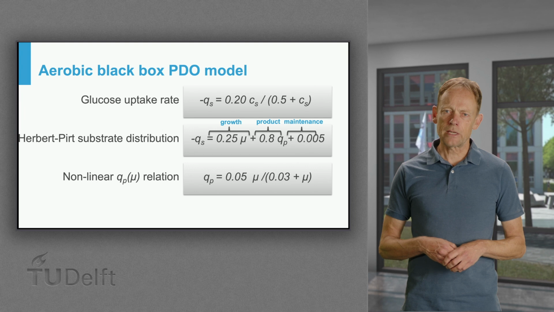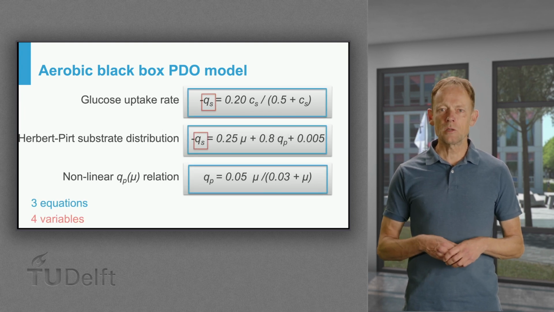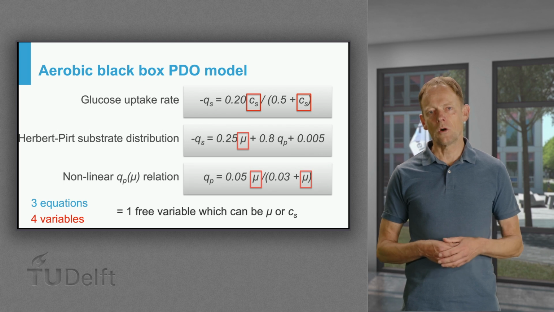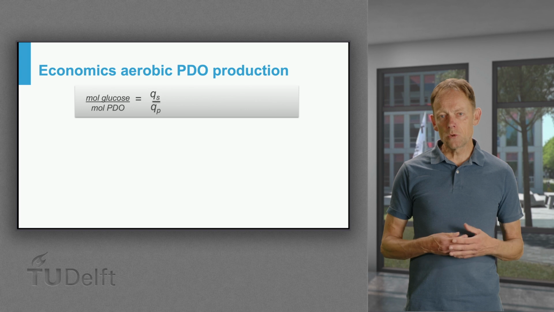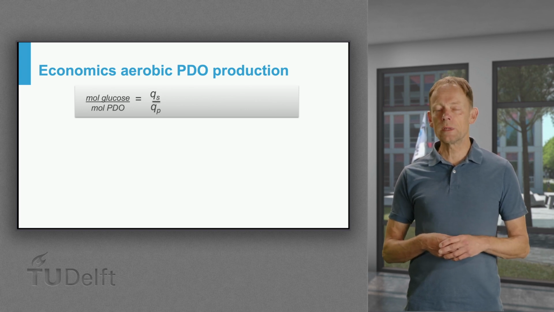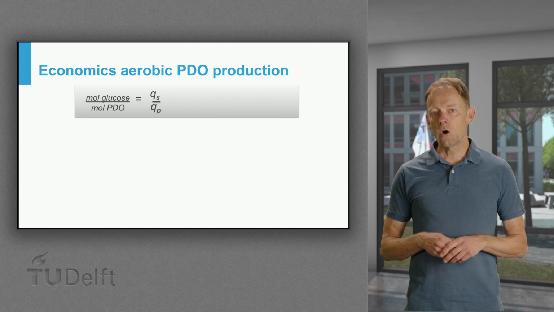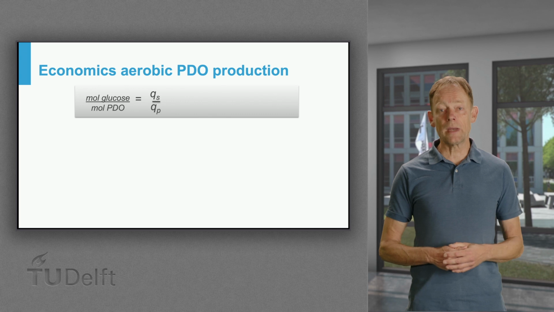Also here there are three equations with four variables and one free variable which can be Cs, mu or Qs. We want to know the optimal mu for which the ratio Qs over Qp is minimal, or what are the minimum substrate variable costs to make the product.